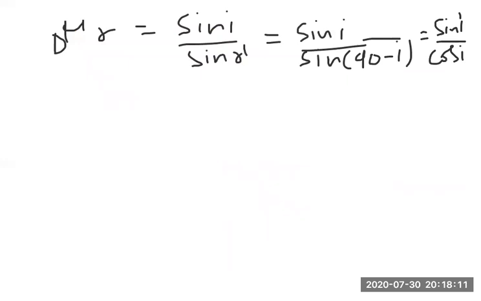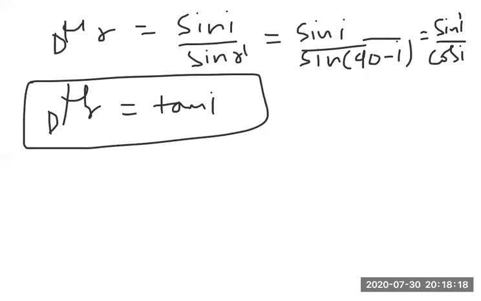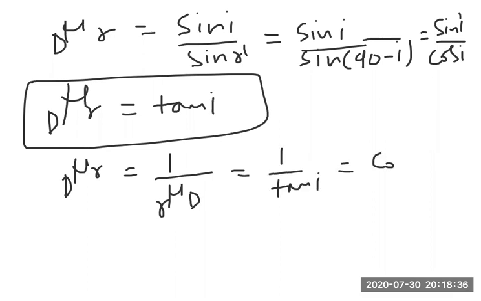Or I can write mu denser to rarer is equal to tan I. Rarer with respect to denser is nothing but the reciprocal, so we can also write it as 1 by tan I, which is nothing but cot I. So I got mu denser with, sorry, I changed this one, right?